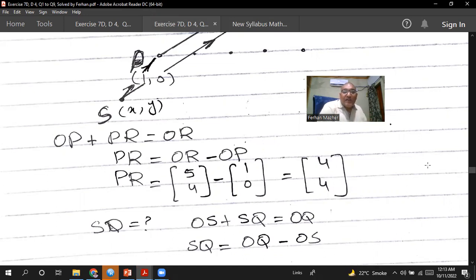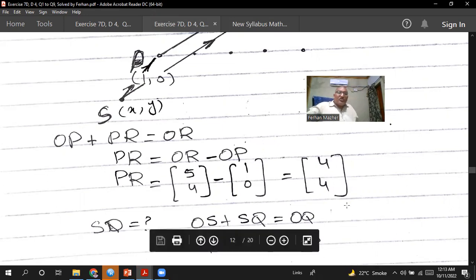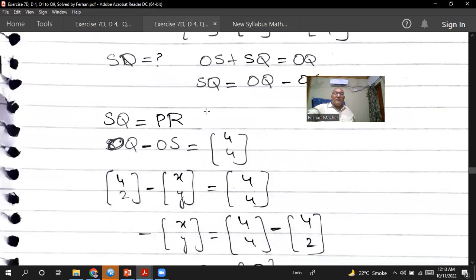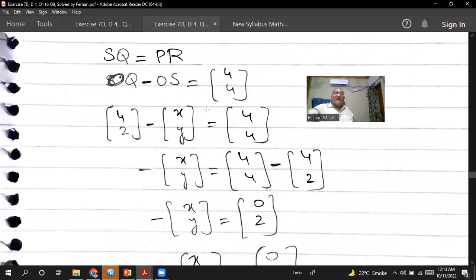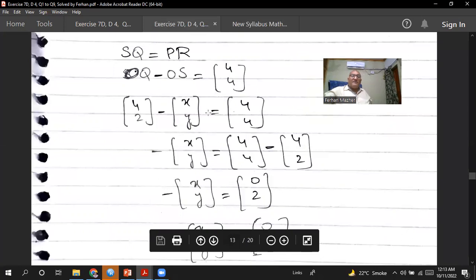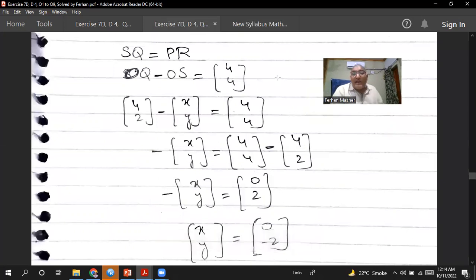SQ: OS plus SQ equals OQ, so SQ equals OQ minus OS. SQ and PR are equal because they are the opposite sides of the parallelogram. So SQ equals PR. SQ is OQ minus OS equals PR, which is (4, 4).